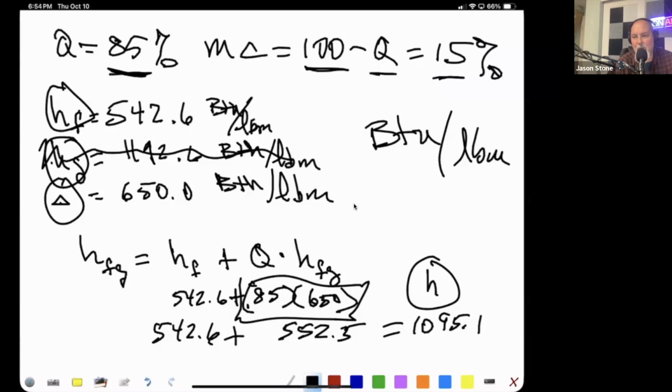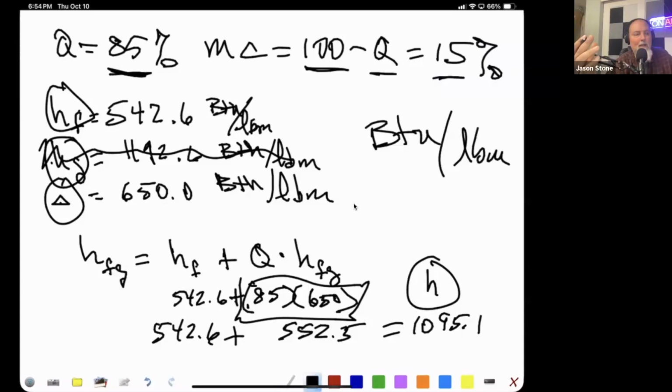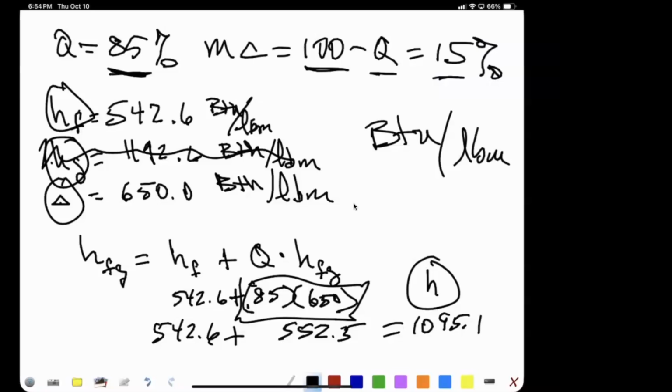The ones that are independent are easier to manipulate because you don't care what the mass is. It's a specific property, so you can do some parameter per pound mass. And then once you have that, you can say, okay, now I have 5 pounds mass of this. Now what's my whole value? Yeah.